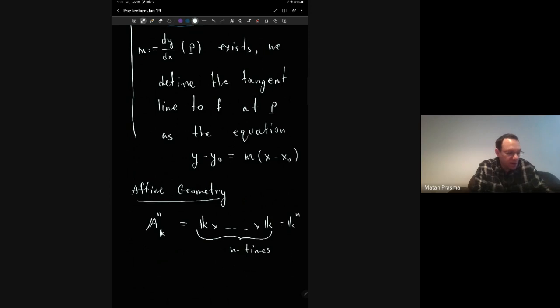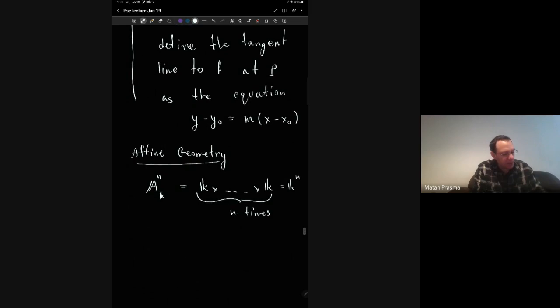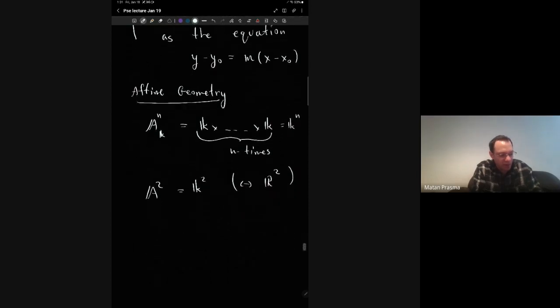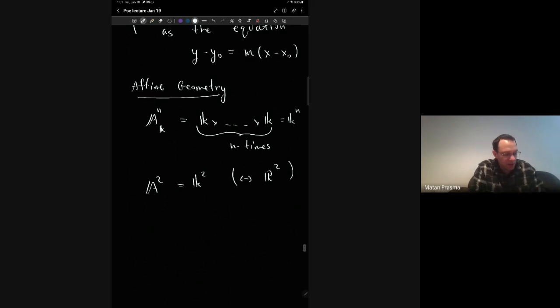And in our case, since we only deal with curves, we need the affine plane. This is A2. A2 is simply k squared. This would replace the ambient space R squared that we pictured the curves in, over the real numbers or the general field.